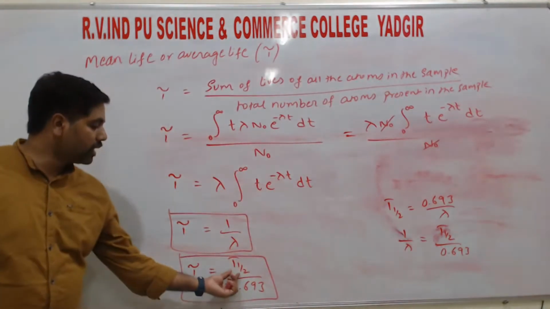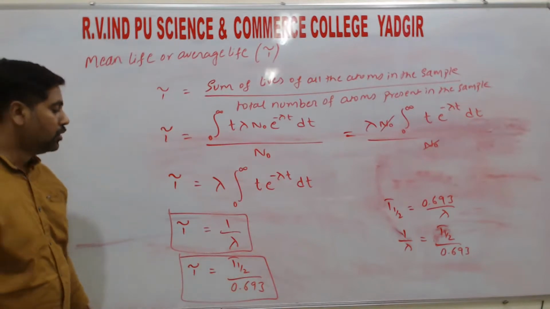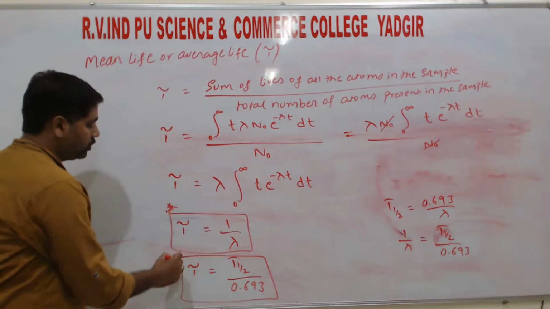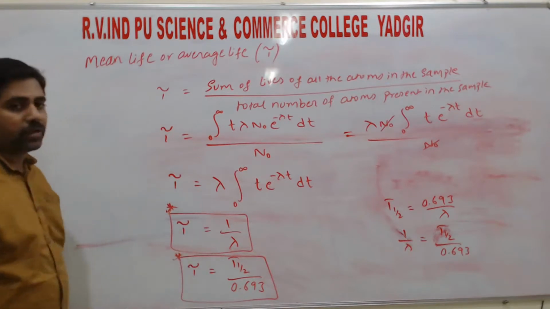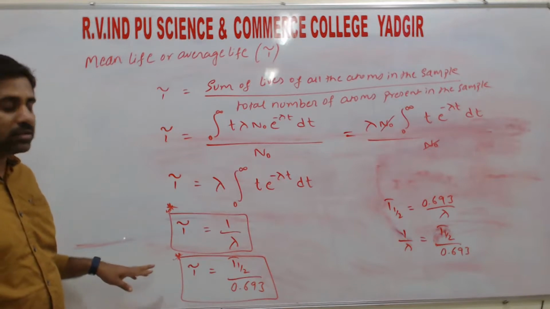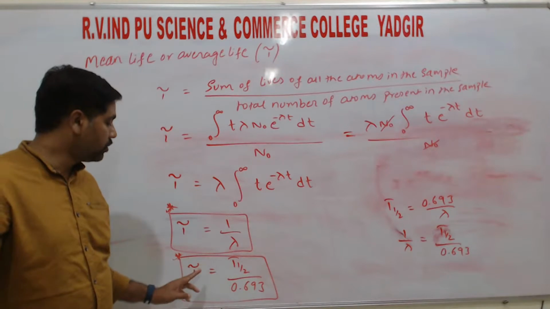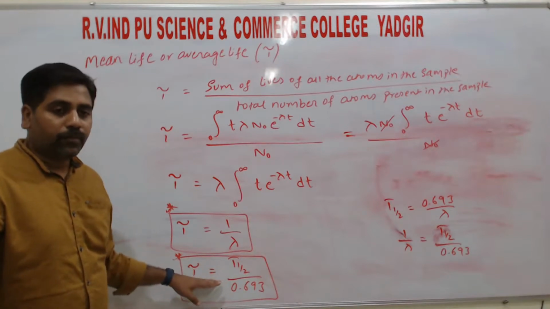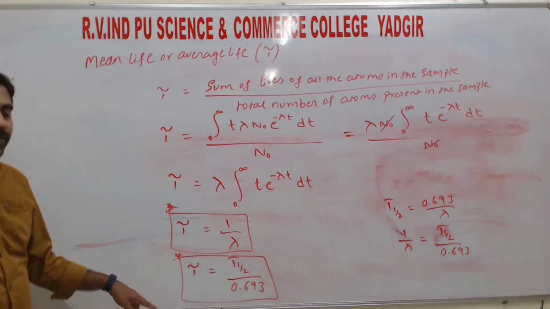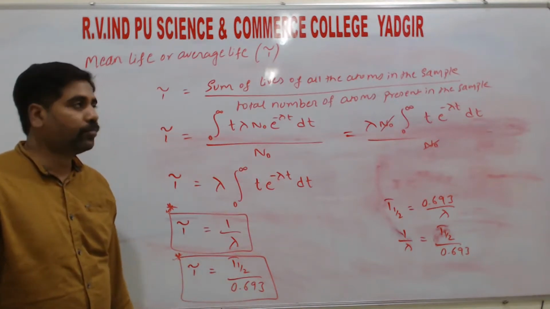So 1 by lambda can be written as t half by 0.693, right? So we need to remember these two. If they ask for 1 mark, what is mean life in terms of decay constant, tau is equals to 1 by lambda, right? Or in terms of half life, tau is equals to t half by 0.693, right?